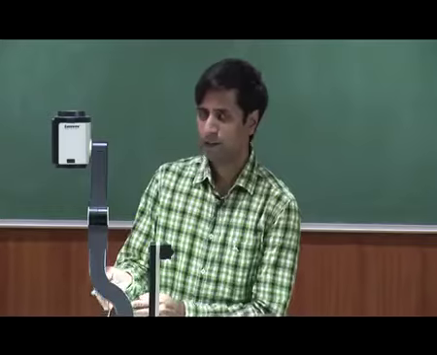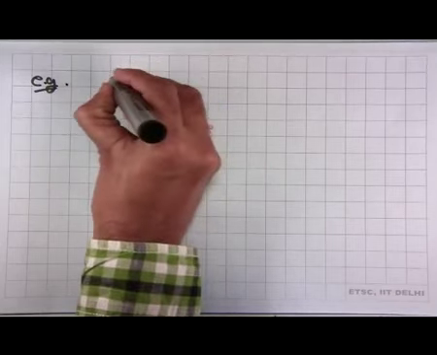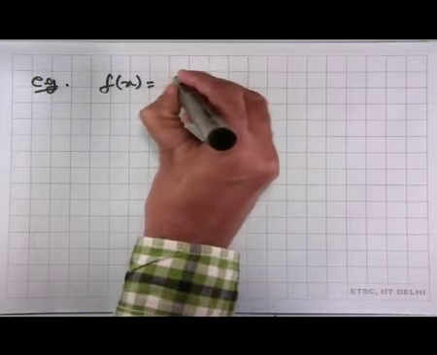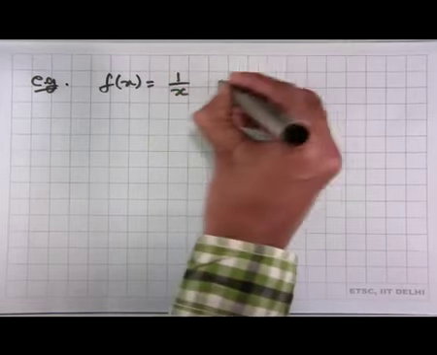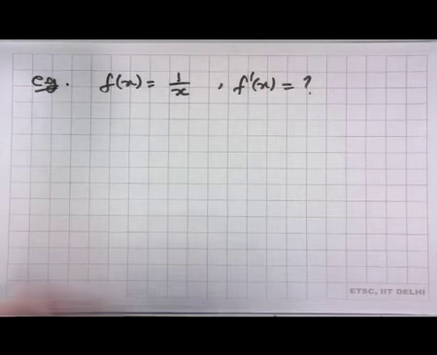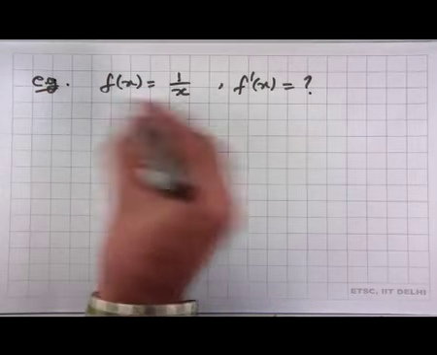But let us try to calculate the derivative of x to the n for some negative n. So, we take f of x equal to 1 by x, then what is f prime x? Let us do it using first principles, that is, the definition of the derivative.